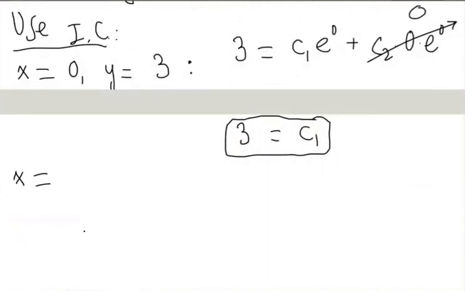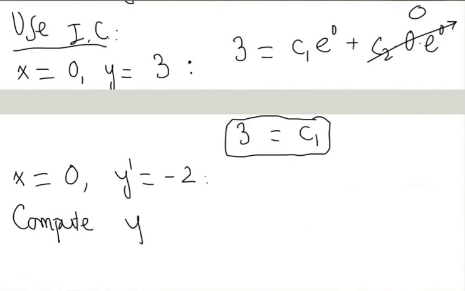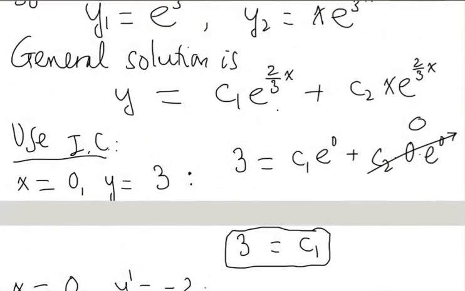For the second initial condition, we have x equals 0, y prime equal to negative 2. So first, we need to compute the derivative y prime using the general solution here.